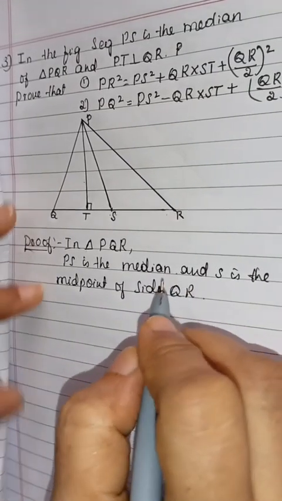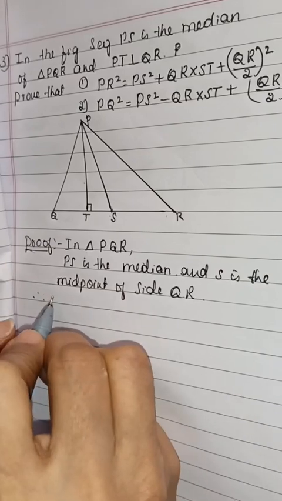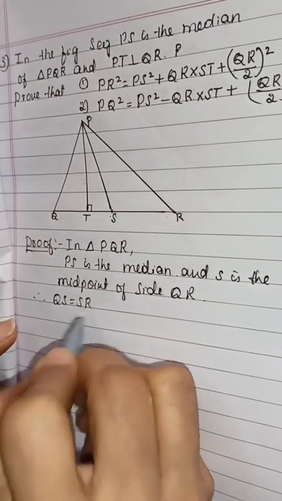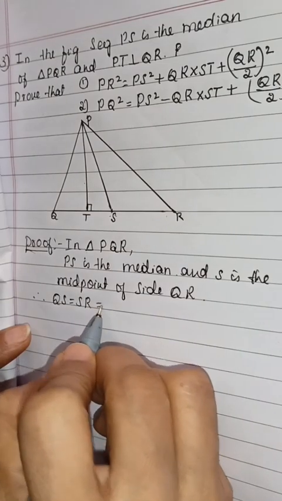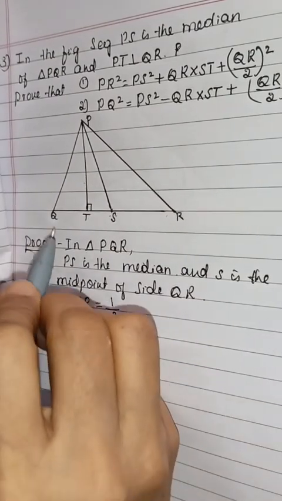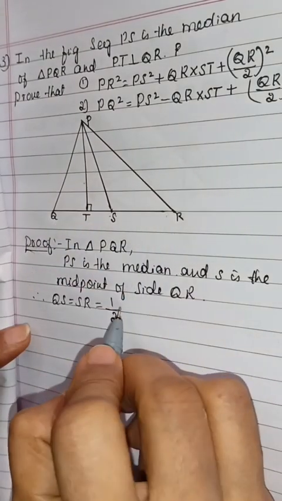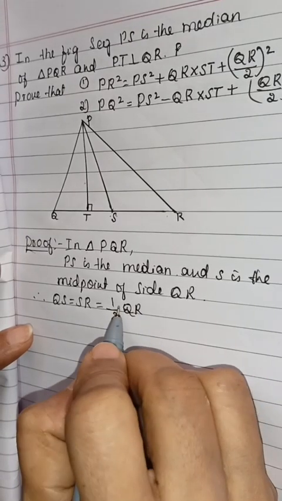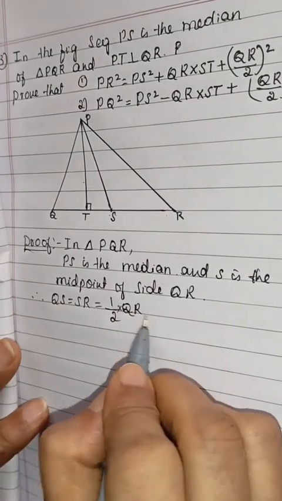Therefore, QS equal to SR, that is half of QR.